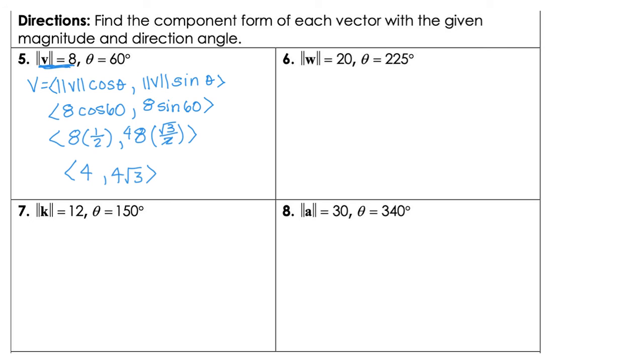All right. So let's do the next one. Same thing. So we're going to say W equals, and follow along the same formula. So we're going to say 20 cosine 225, comma 20 sine 225.